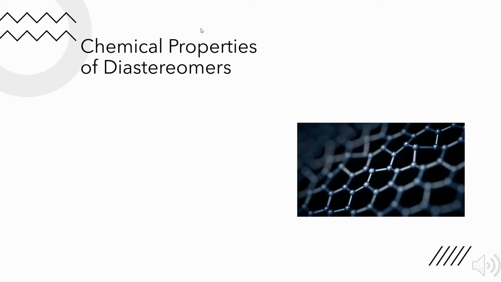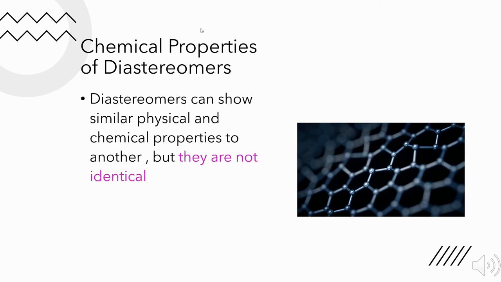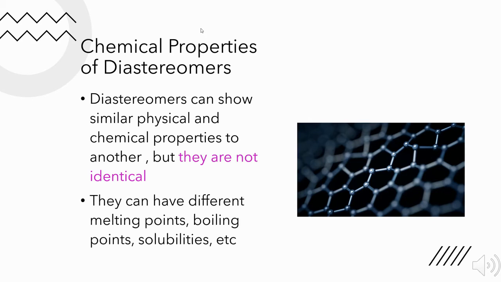Thinking back to the last slide, we know that diastereomers can have different chemical and physical properties from one another, despite having the same chemical formula. There are a few characteristics of diastereomers. Diastereomers other than geometrical isomers may or may not be optically active, and they can have two or more stereocenters.